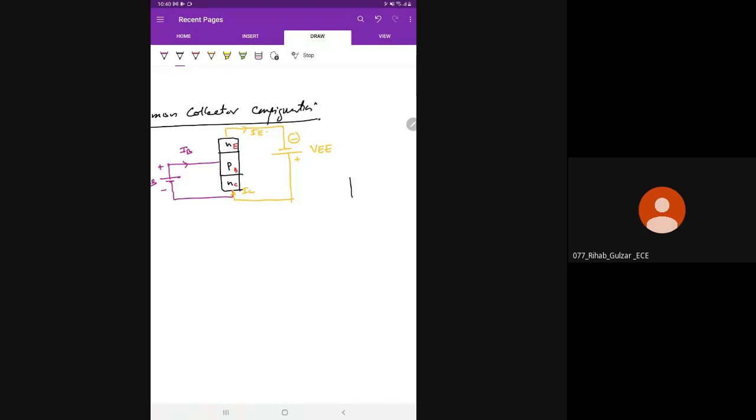So in common collector configuration, you have emitter at the top, then you have base terminal and collector at the bottom, and this is your base terminal. So this is base, whatever comes inside is IB, and whatever leaves here is IE, because this is emitter terminal, और यहाँ है collector terminal, और जो इसके अंदर जा रहा है वो है collector current. Now see, the voltage between B and C, it is definitely VBC. Okay, it is VBC.